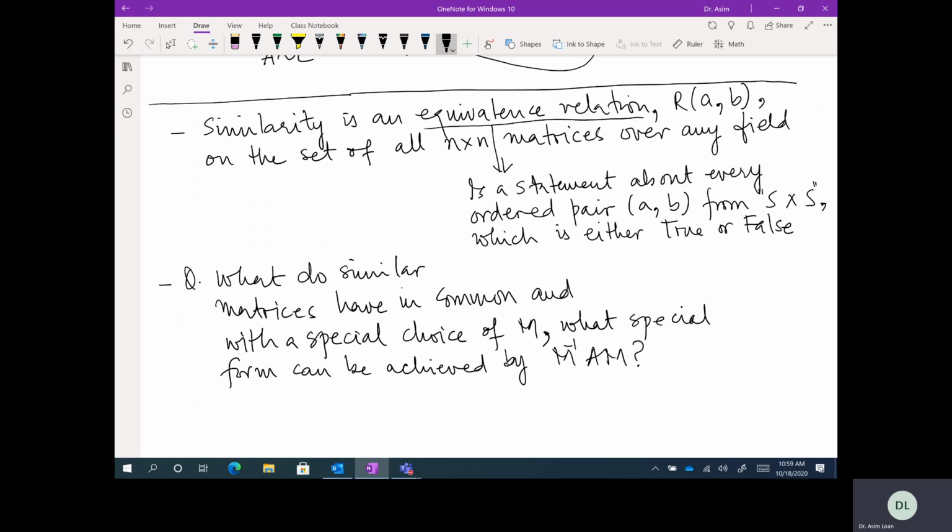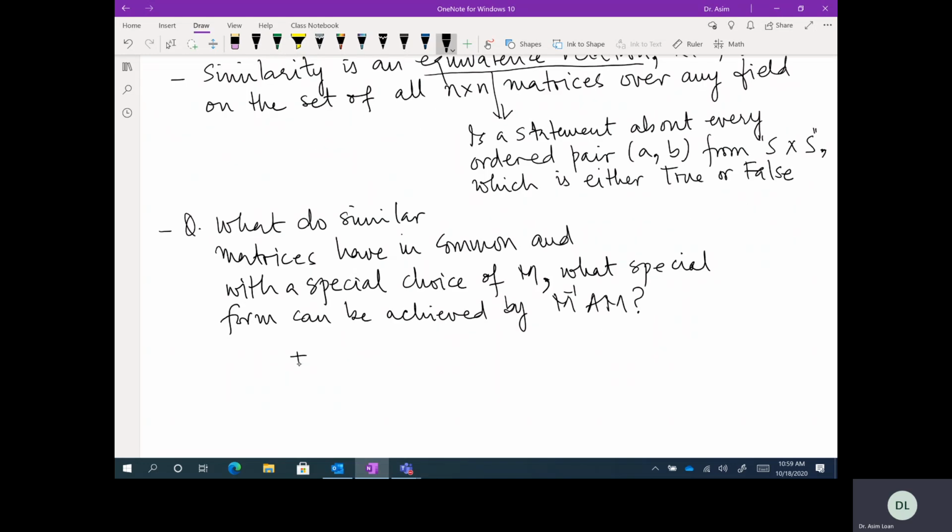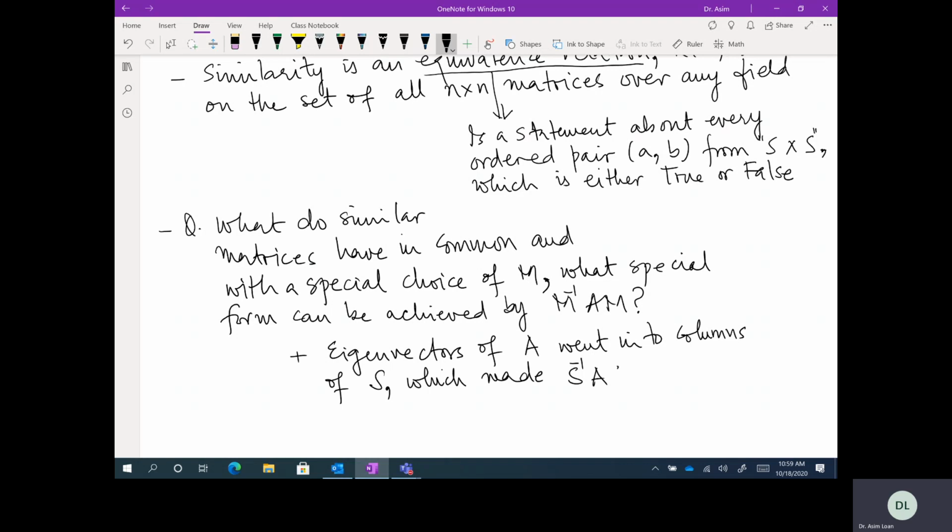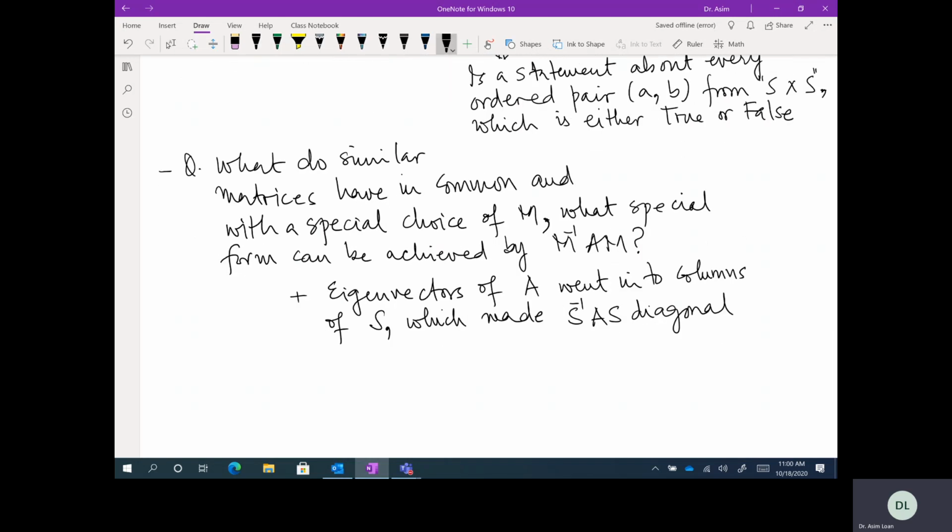This is the question, and the quick answer to this question is eigenvectors of A went into the columns of the matrix S, which made S inverse AS diagonal. So A was similar to a diagonal matrix.